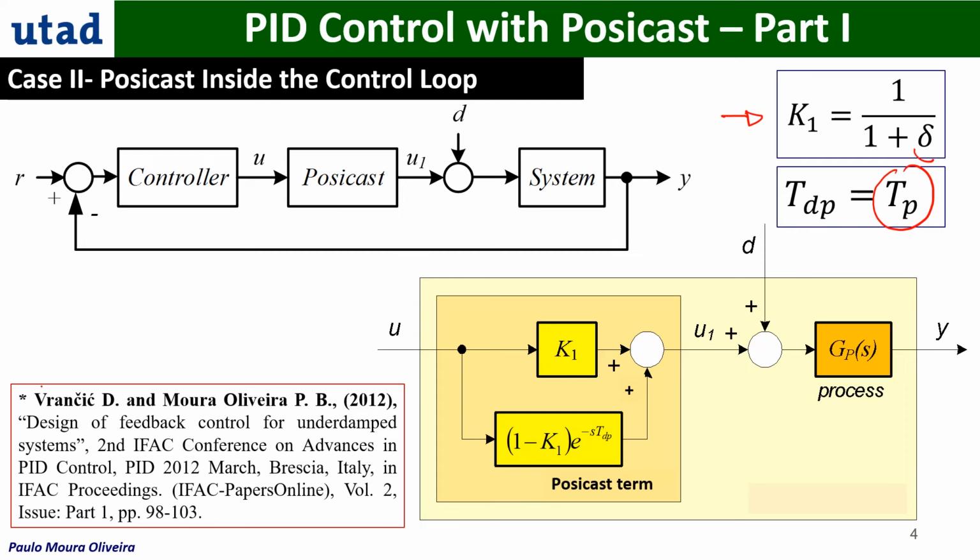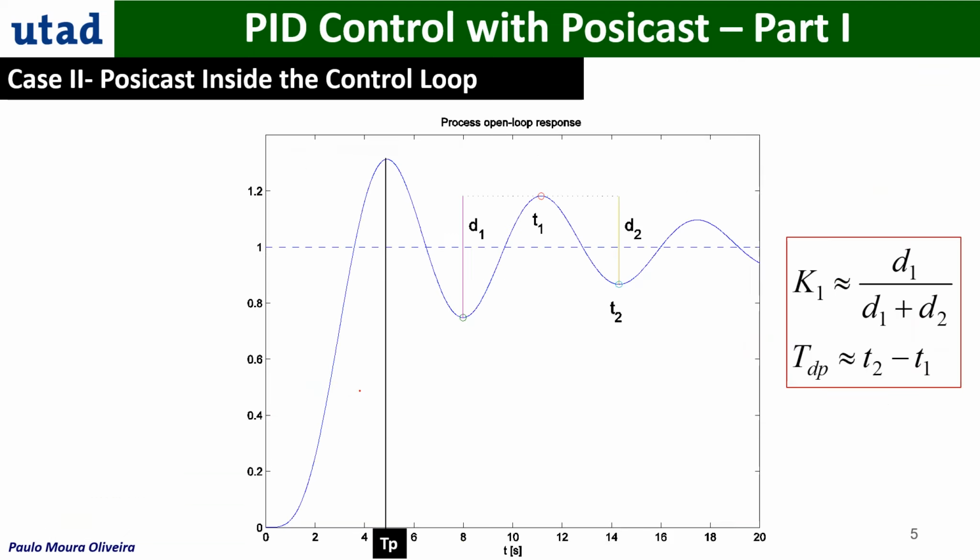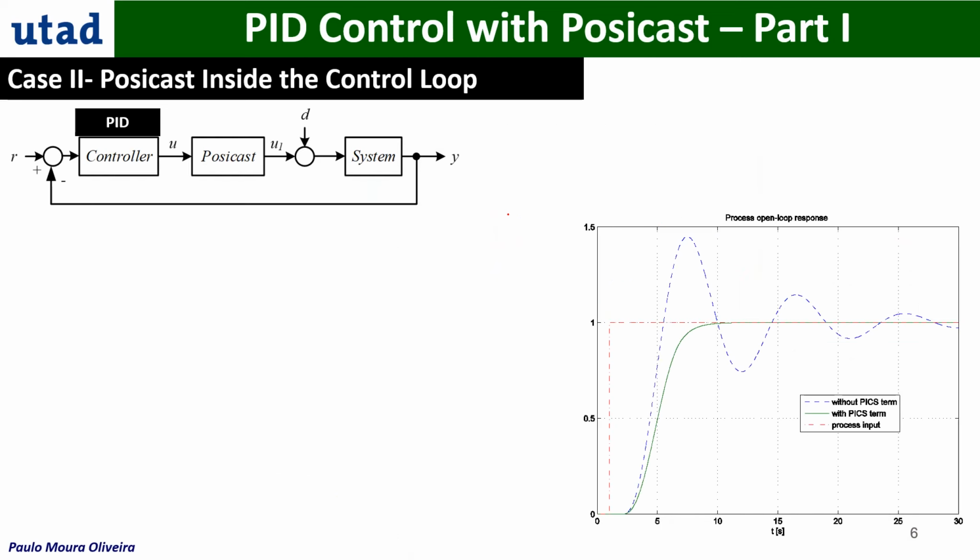In this paper from Tabi Vranchik and myself, we have proposed this technique to estimate, for higher order oscillating processes, a simple heuristic way to determine K1 and the TDP, or the peak time. So K1 can be estimated from this D1 and D2, and the TDP can be evaluated by subtracting T2 from T1. So this was a way to estimate these two variables.